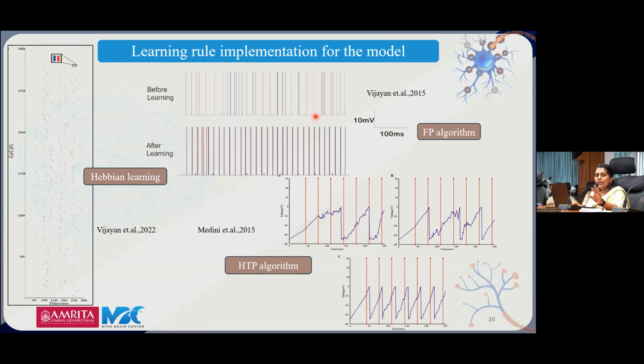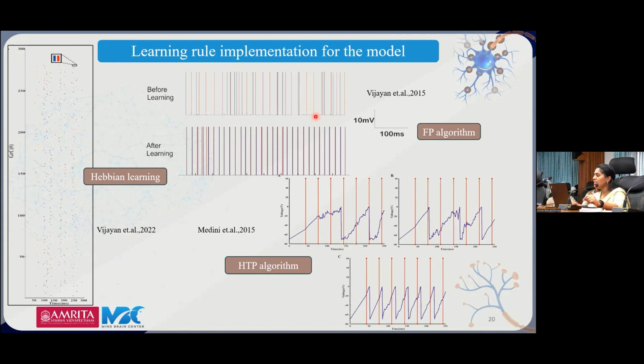Coming to the learning part, there are different types of learning present: Hebbian-based learning, finite precision algorithms, and the HTP algorithm, that is, the high threshold projection algorithm. Hebbian-based learning was the simplest, and we could do the same with our data as well as the network.